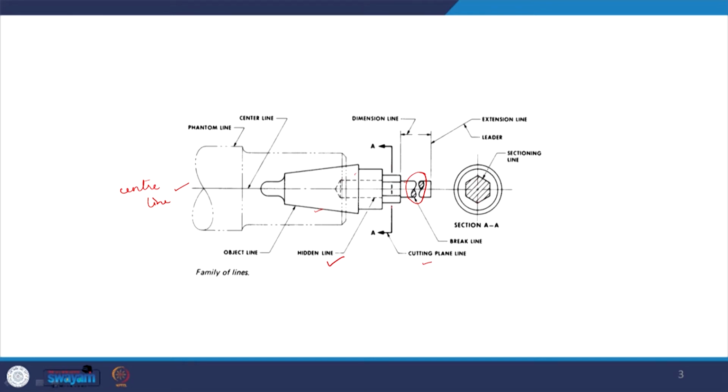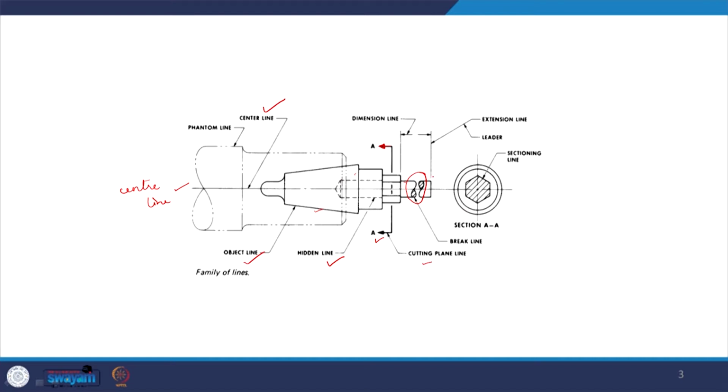So, this is the hexagon. Then we have a circle which is marked by this, then we have another circle which is marked by this. We are seeing it towards this side, which is what I was telling you. When we draw a cutting plane line, we also have to mark an arrow to show which side we are seeing. This is the center line we have already seen, the object line, and the cutting plane line.